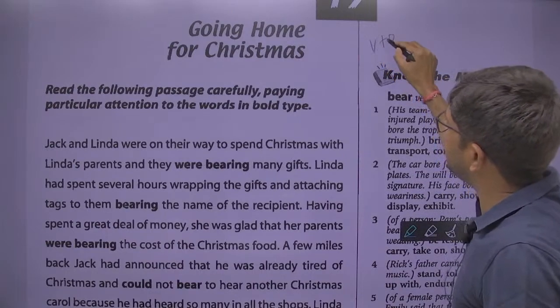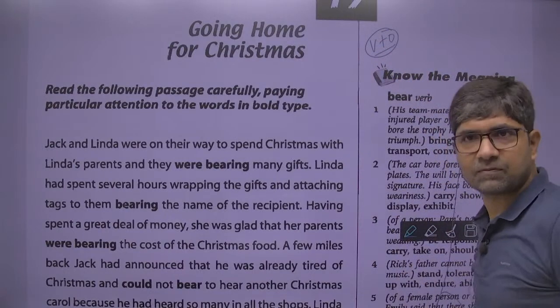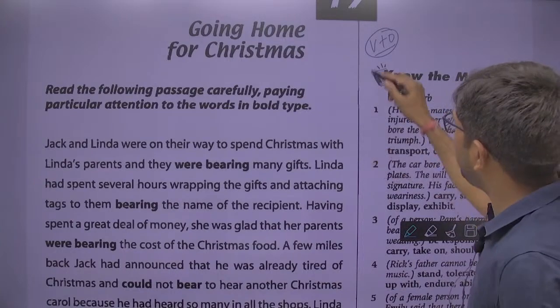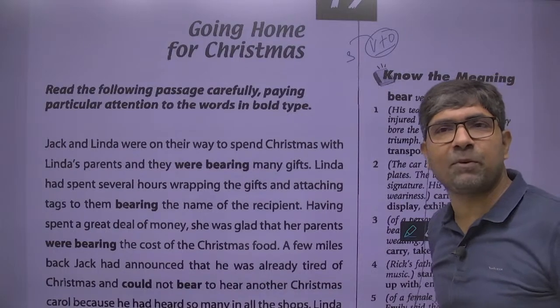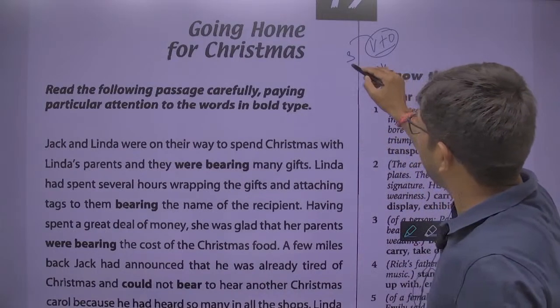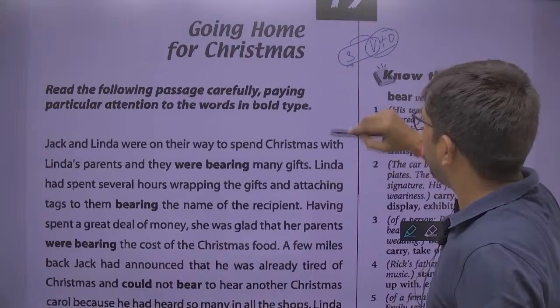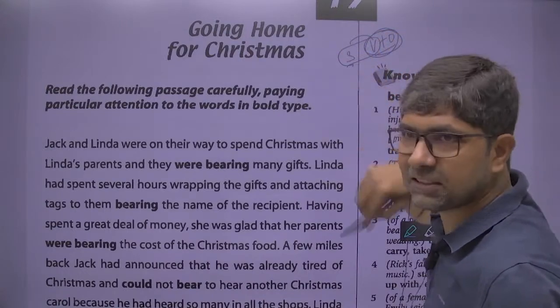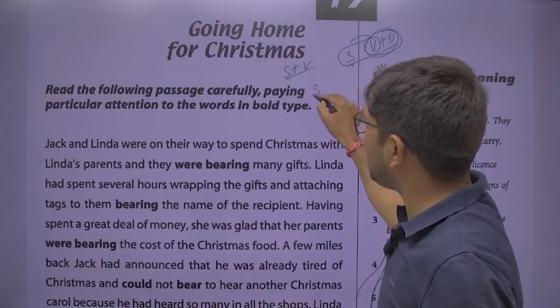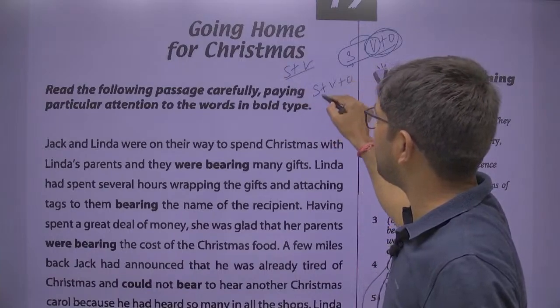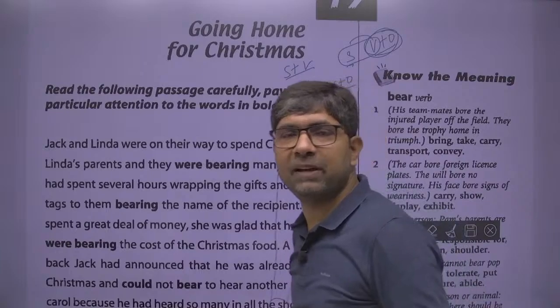A verb takes an object and a verb has a subject. So which combination will give you a composite meaning? First, who bears, and second, who bears what. So sometimes this composite will give you the meaning, and other times that composite will give you the meaning.